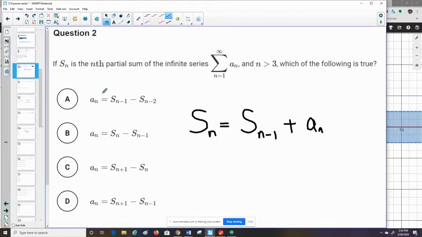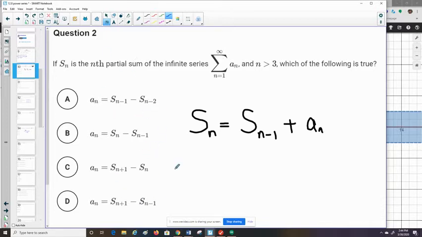Question number two: if S sub n is the nth partial sum, and n is bigger than 3, so basically we're looking down the line a few terms, and it's all in terms of the partial sums. So this term, the nth term, is which of these partial sums?